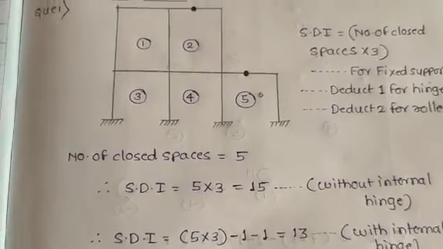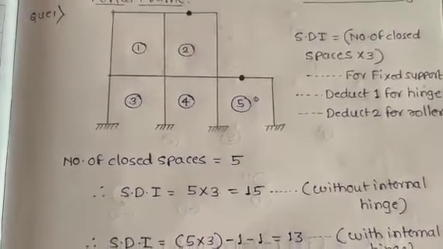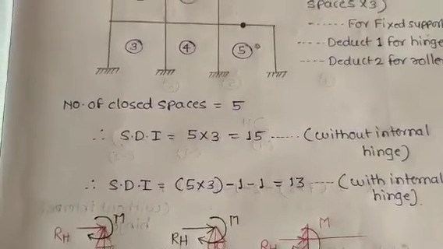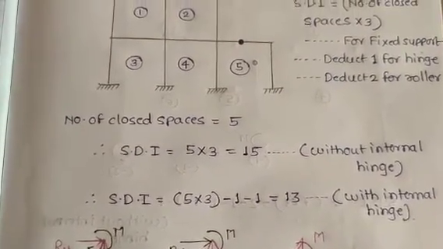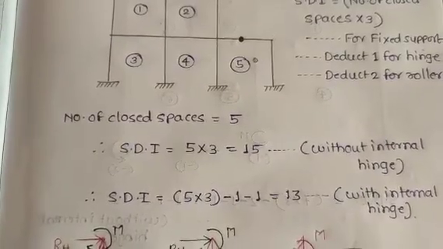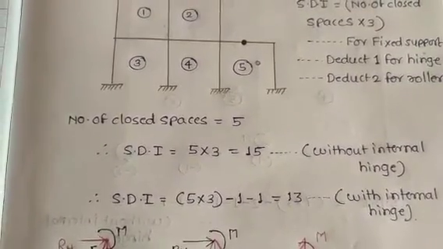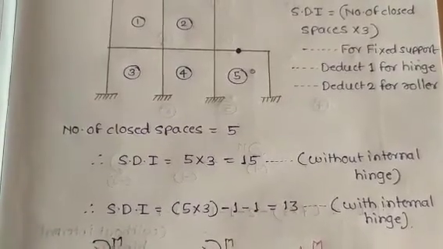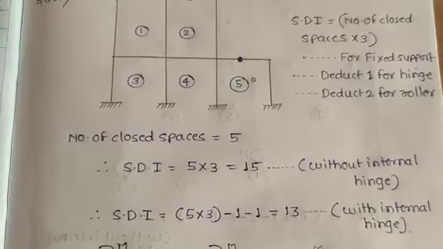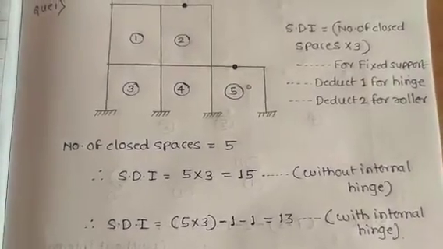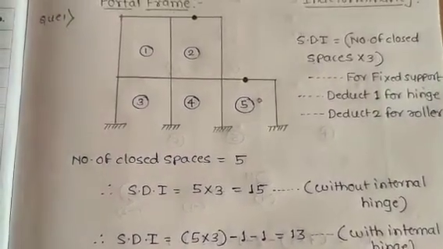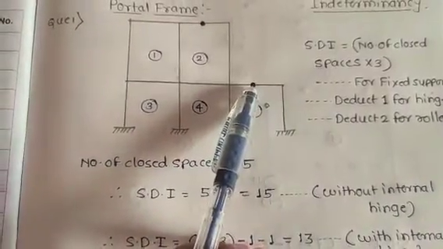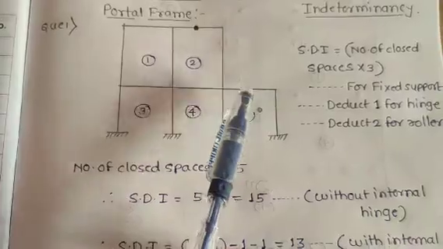And when we are considering these 2 internal hinges, for each internal hinge you have to use one equation for deduction from the static degree of indeterminacy. What is that equation? It is the number of members joined by this internal hinge minus 1.